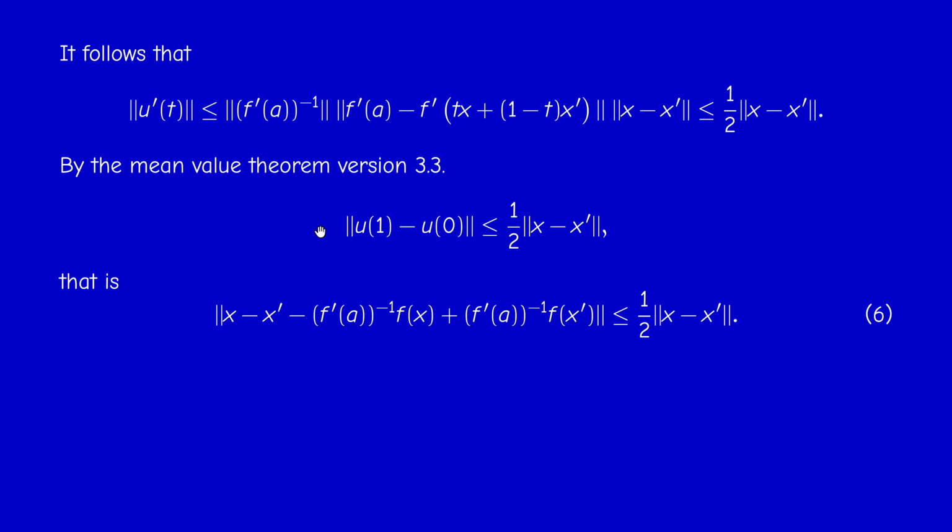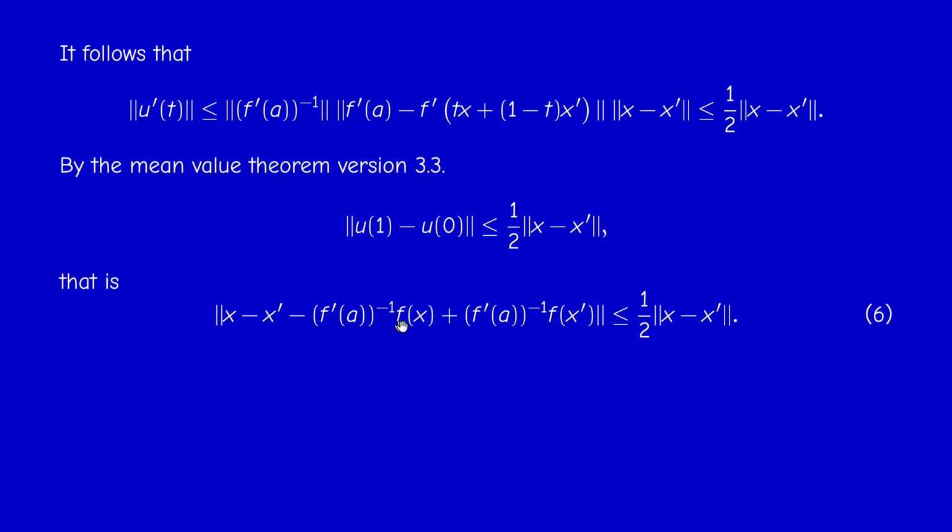But if you recall the formula for u1 and u0, you will get x minus, so u1 is just x minus f prime a minus 1 f of x, and u0 is just x prime minus the similar quantity.